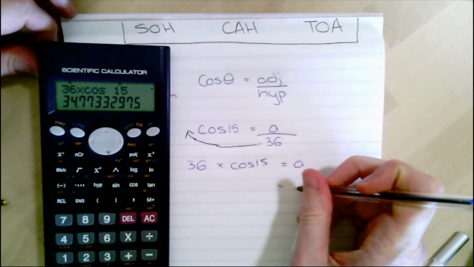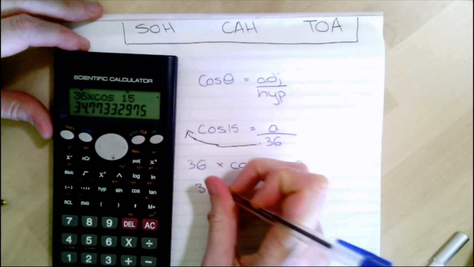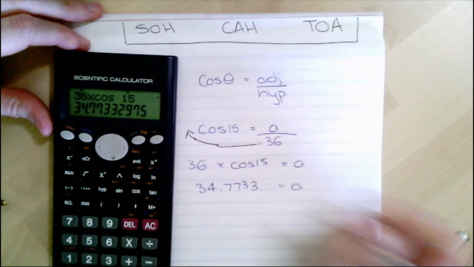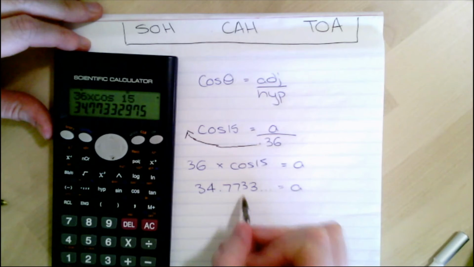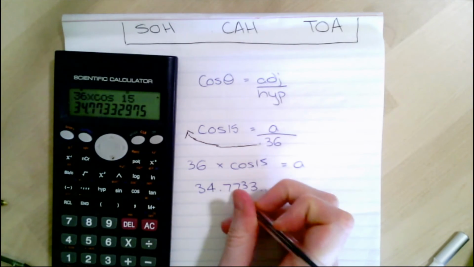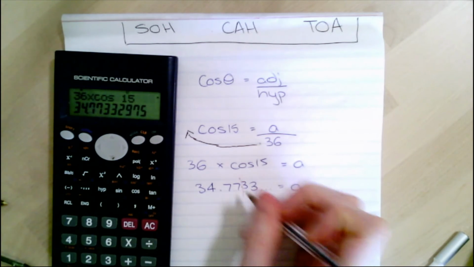So my A is going to be equal to 34.7733, yada yada yada. Nobody cares about all that. Let's round it to 2 decimal places. So in order to round to 2 decimal places, I count 1 decimal place, 2 decimal places out, put a dotted line down there.